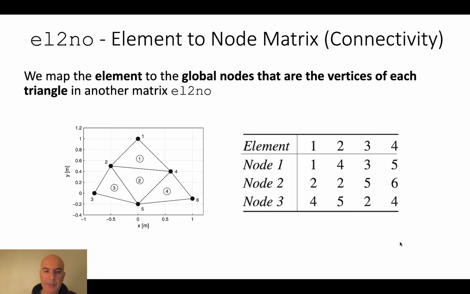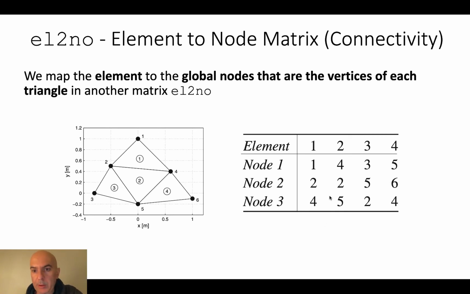So the first data structure that we are looking at is L2node, that is the element to node matrix. That is nothing else than the connectivity matrix that we discussed in the previous lecture. By using L2node, we map the elements to the global nodes that are the vertices of each triangle. So this is what we called the connectivity matrix in the previous lecture.